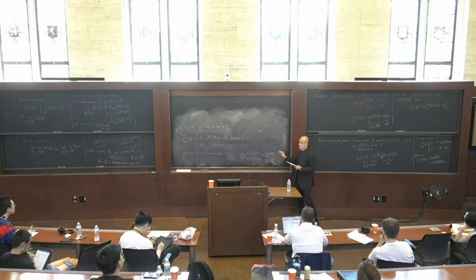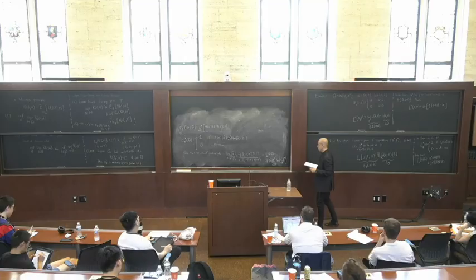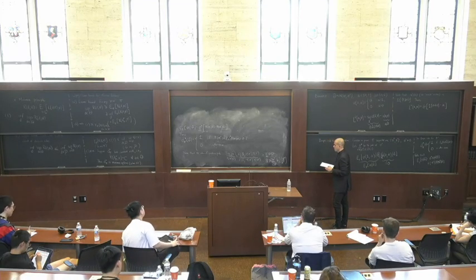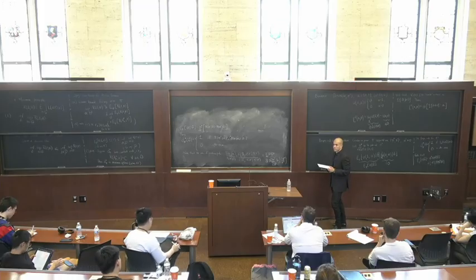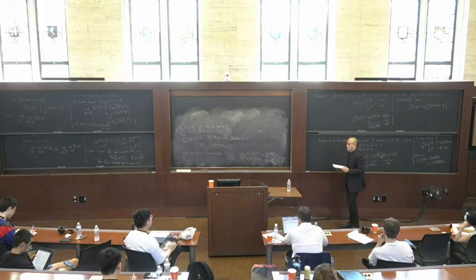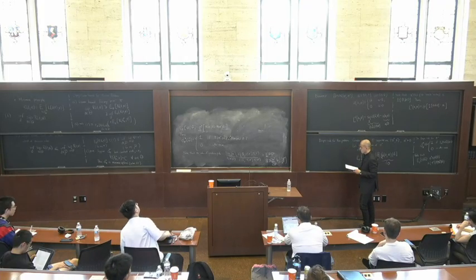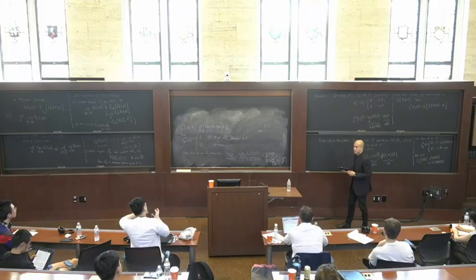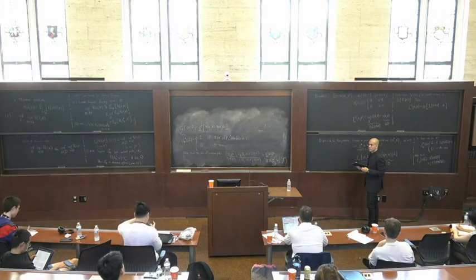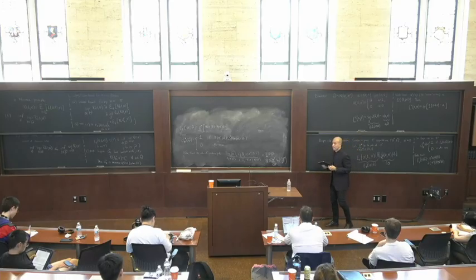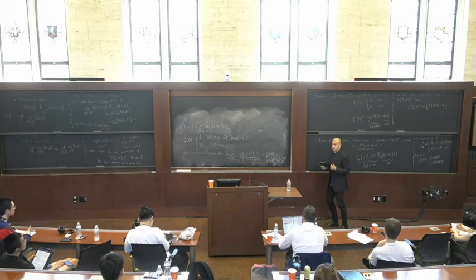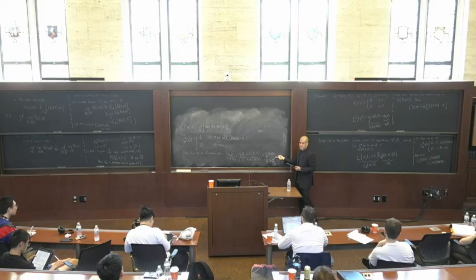Where these are the ratio of prior probabilities. Does that make sense?